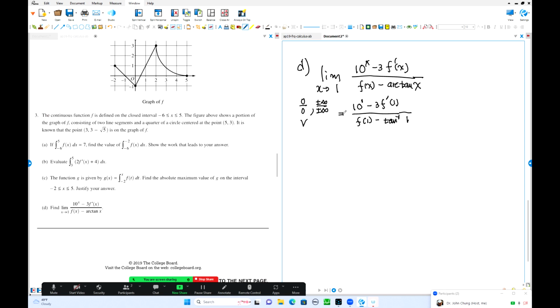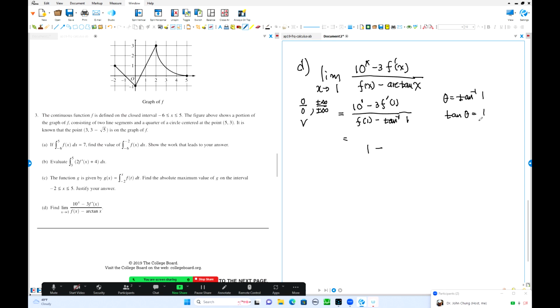What is the value of f of 1 from the graph? F of 1 there, y is 1. Are you okay? Arctangent 1 is what? Arctangent 1 is pi over 4, right? Set tangent theta equals 1.